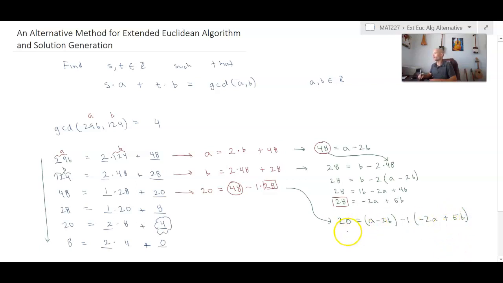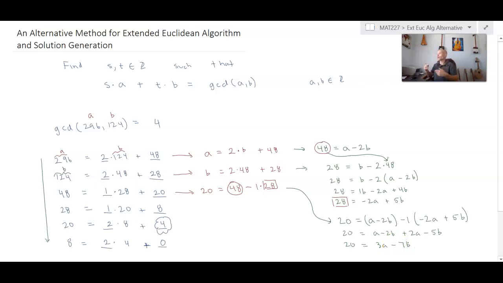And again, we're just going to combine like terms, so it just becomes algebra. We'll have a minus 2b, distribute the negative 1, we'll have plus 2a minus 5b. And this gives us, after we combine like terms, 3a minus 7b.